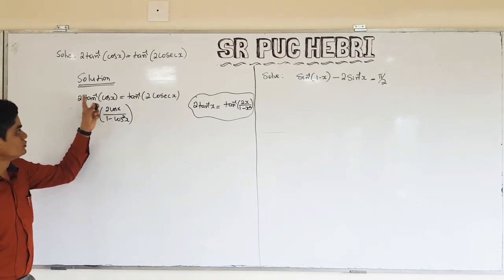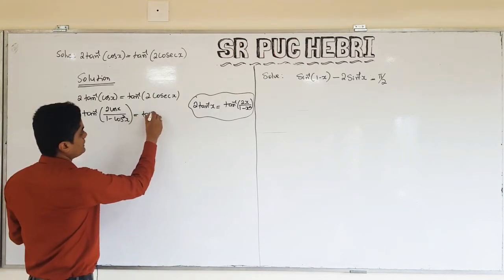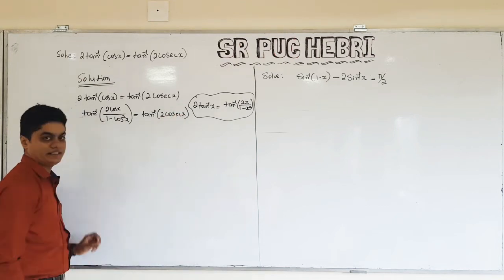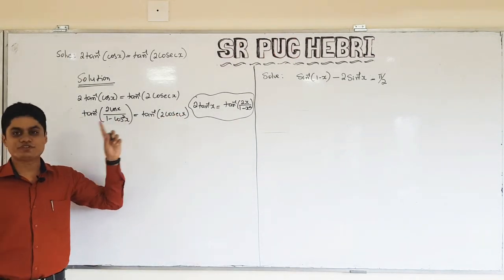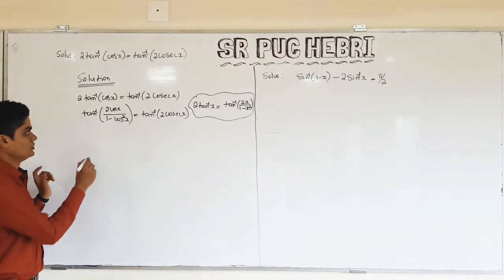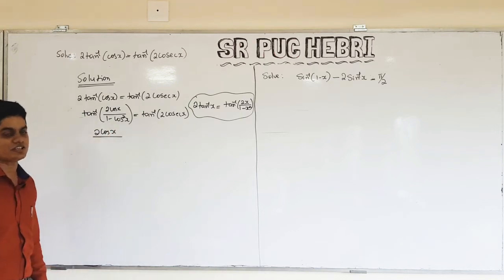Tan inverse of 2 cos x by 1 minus cos square x is equal to tan inverse of 2 cosecant x, right? Now both sides the coefficient is 1. So tan inverse gets cancelled. So remaining is 2 cos x divided by, what is 1 minus cos square x?